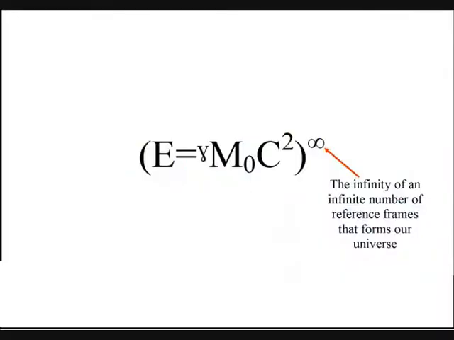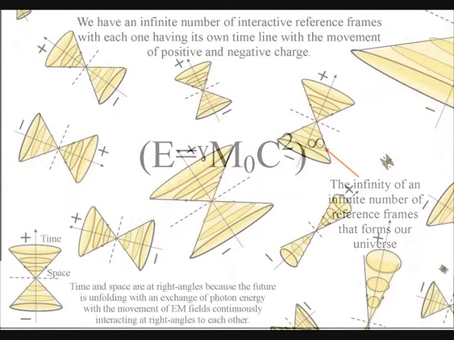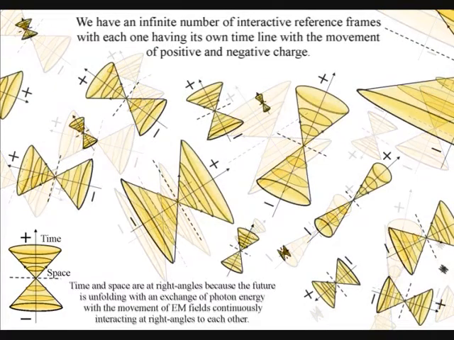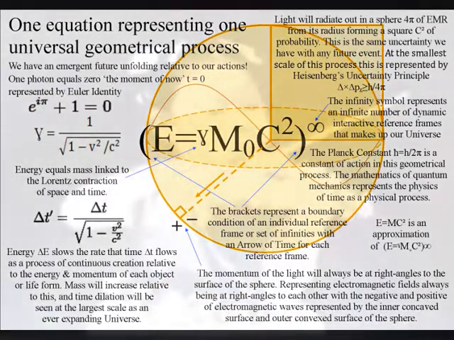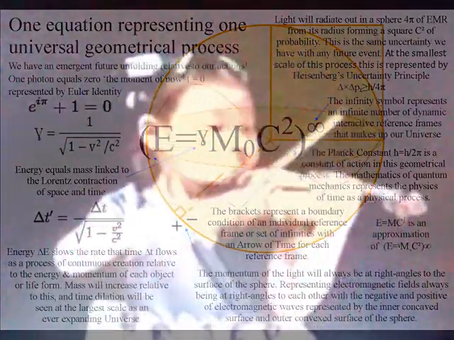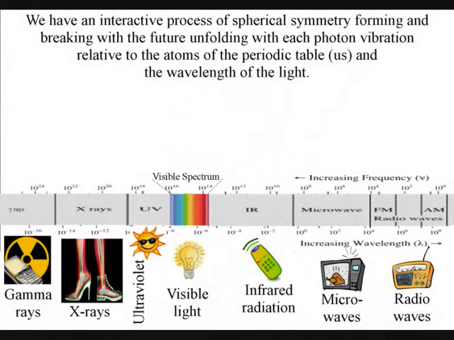The infinity symbol represents an infinite number of dynamic interactive reference frames that are continuously coming in and out of existence. As a universal process of energy exchange, each individual is in the center of their own reference frame, with a probabilistic, uncertain future unfolding relative to their actions. In such a theory, creation is in the hand and eye of the beholder.